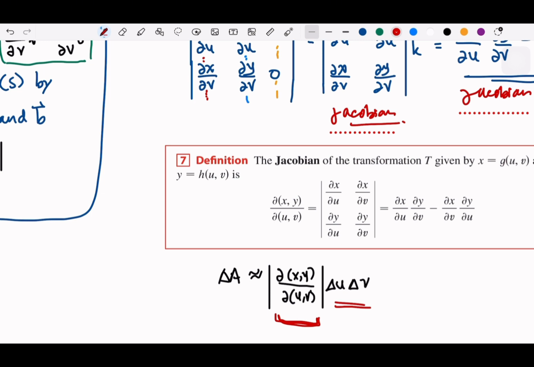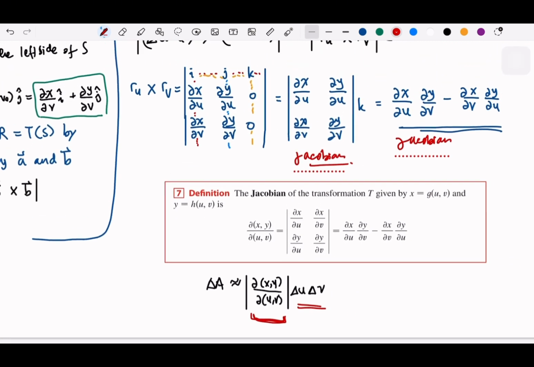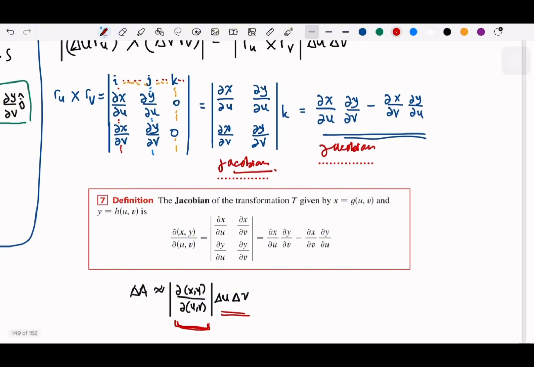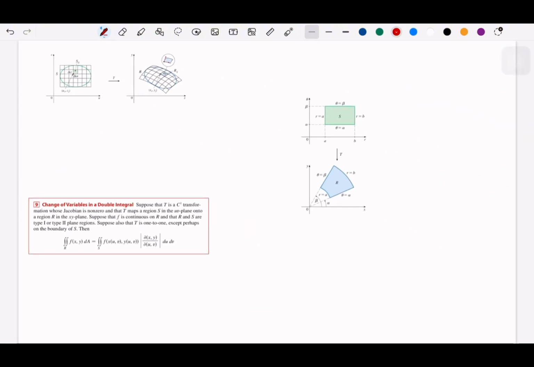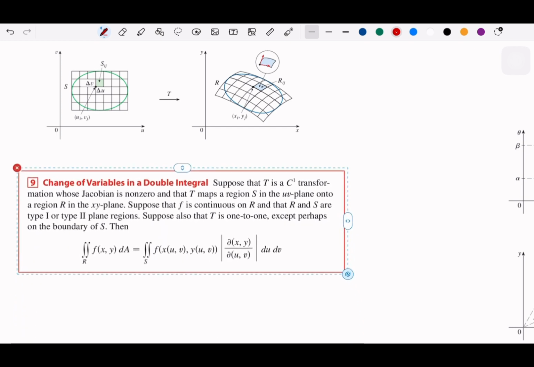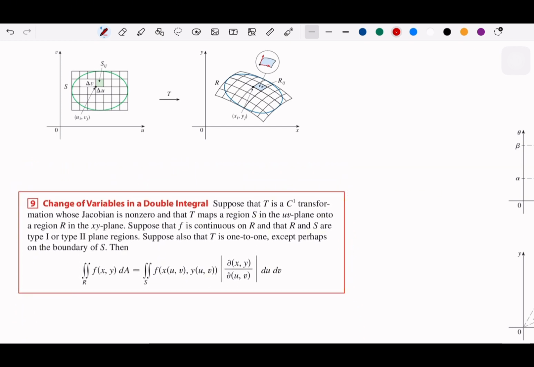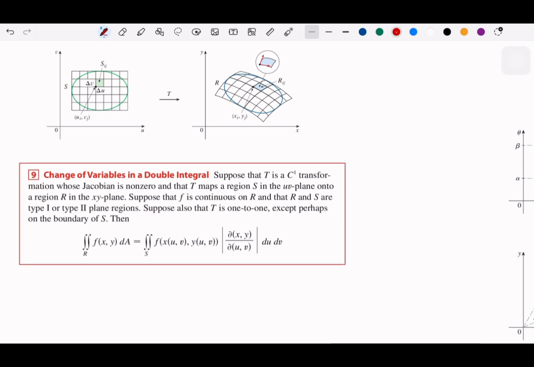Maybe just a quick proof or quick recap of what we have in the Jacobian, how technically we are going to take it. So this is just a summary of what we had before.